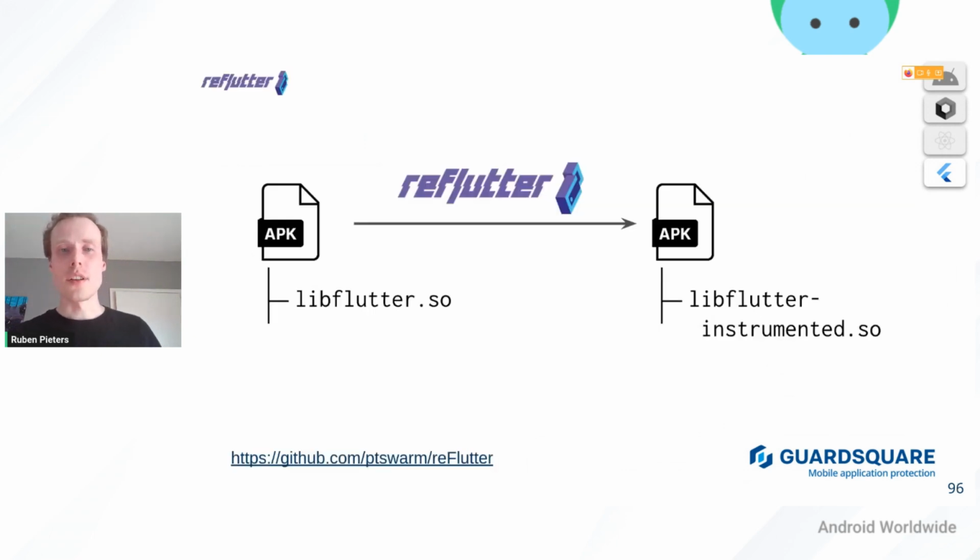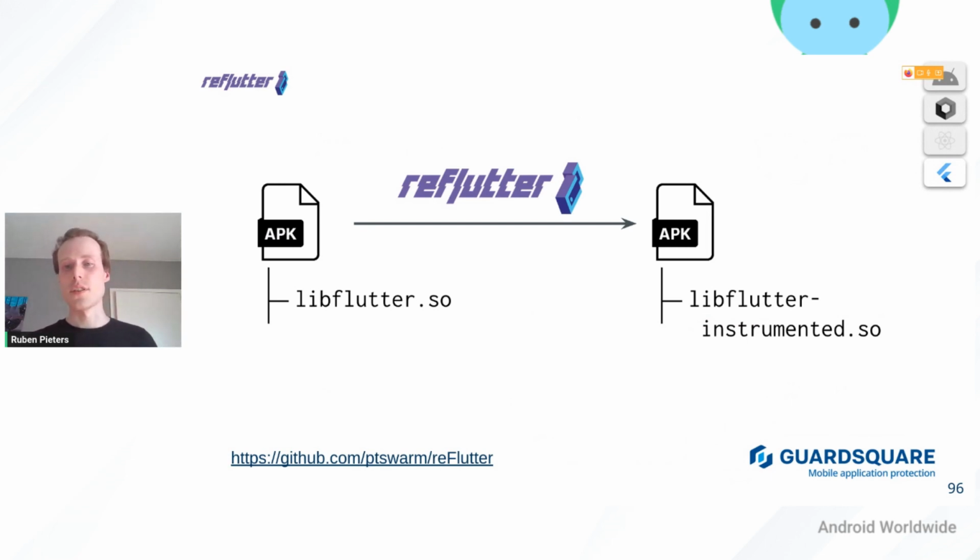But the interesting thing with this libflutter is that we can add logging to this Flutter engine, and then we can compile the Flutter engine again, and put it inside our APK to, for example, have a better understanding of what's actually going on in this libapp.so, because the libapp.so is a format that is a bit more volatile.